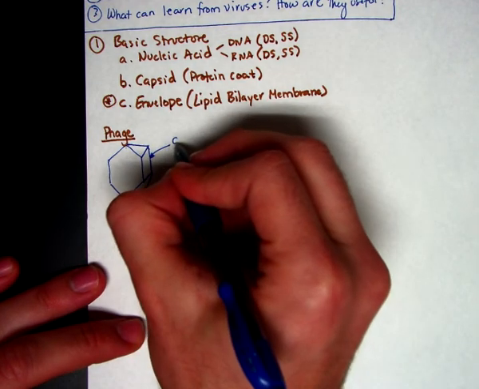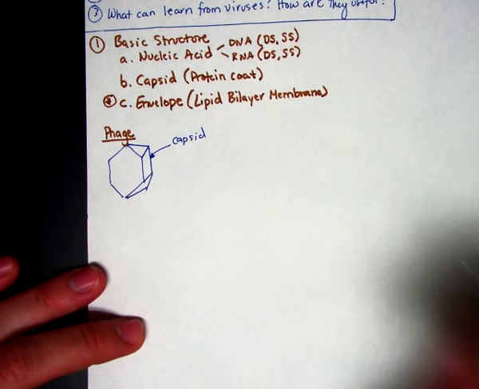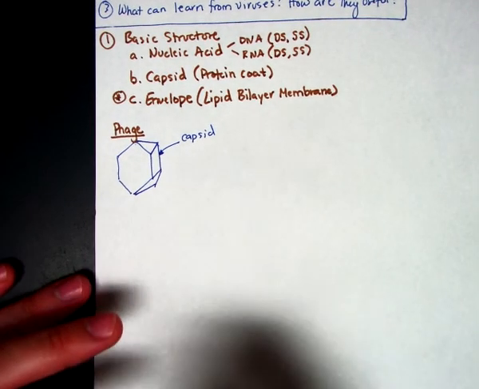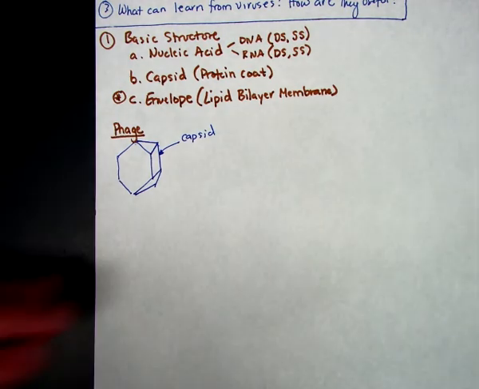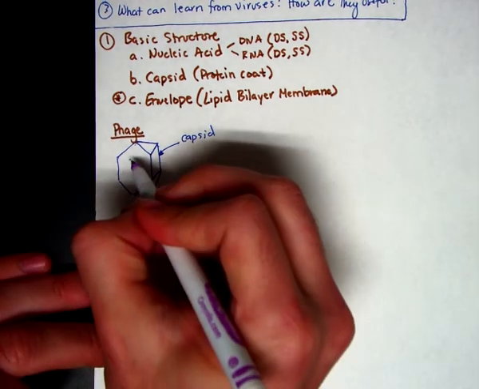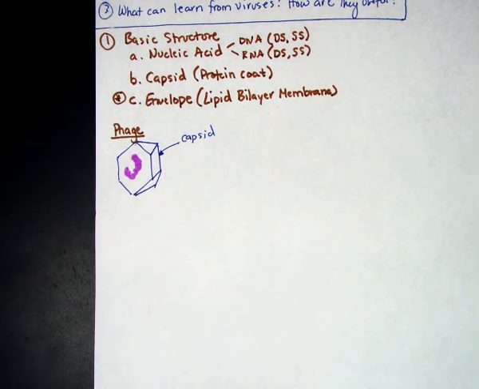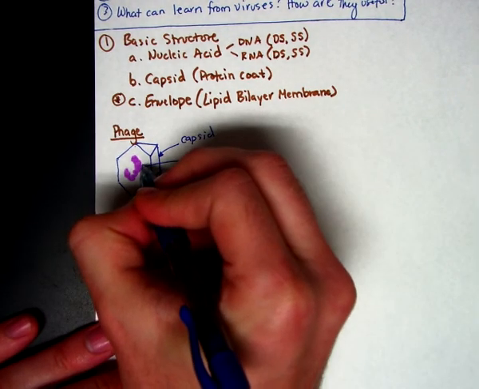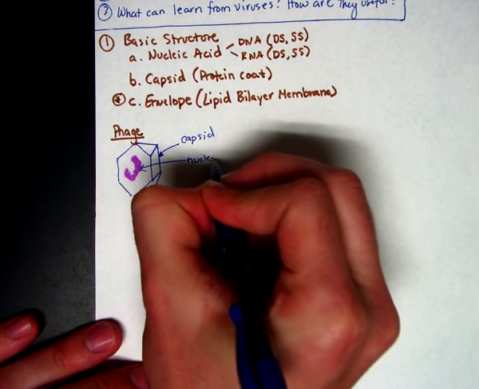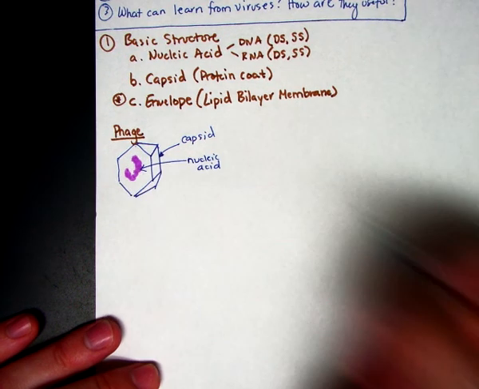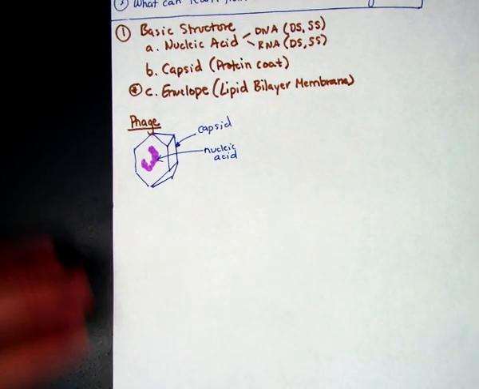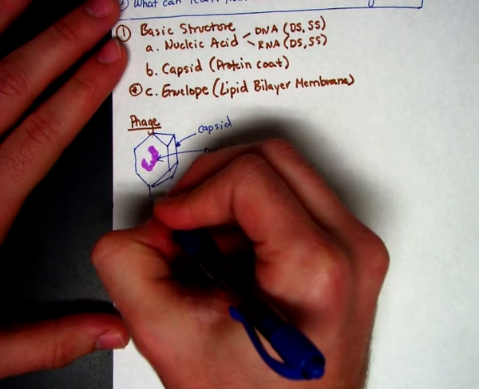So that capsid is actually made up of proteins, and inside of that you have your nucleic acid. All right, so they store their nucleic acid inside this capsid. And then they actually have this kind of alien-looking thing.